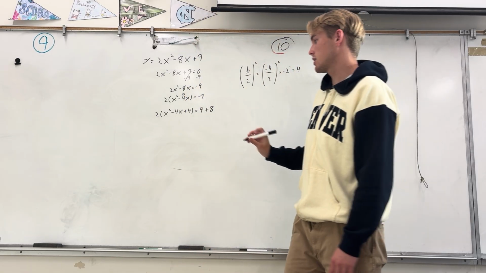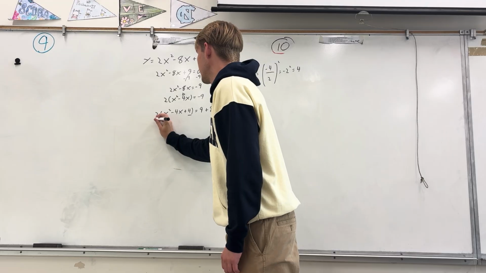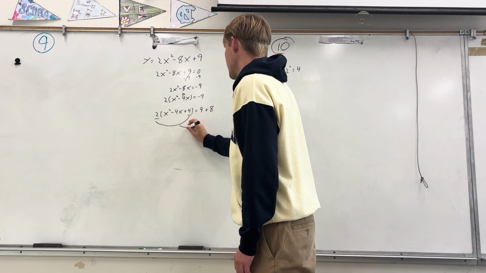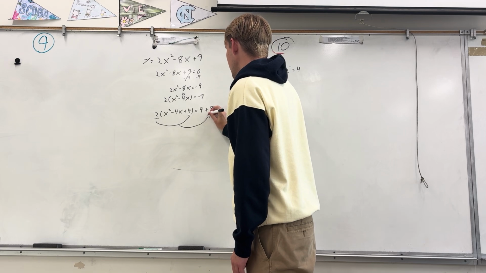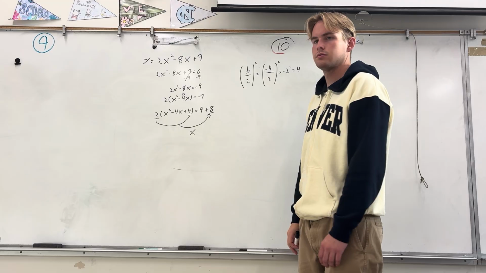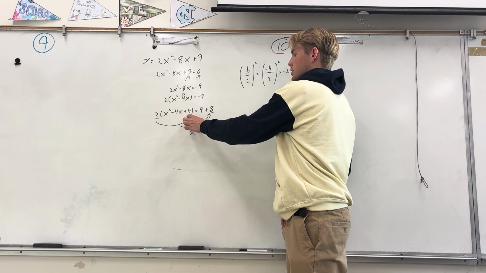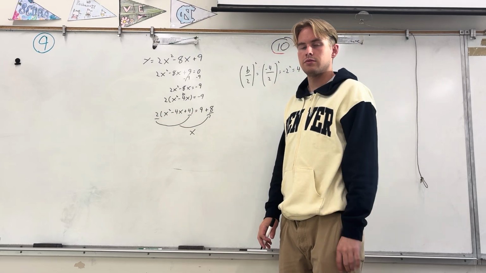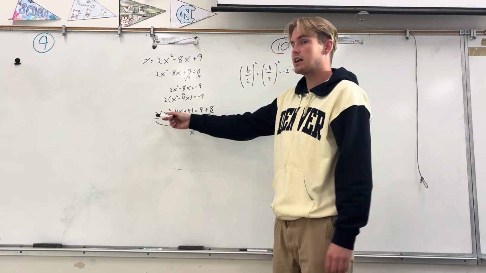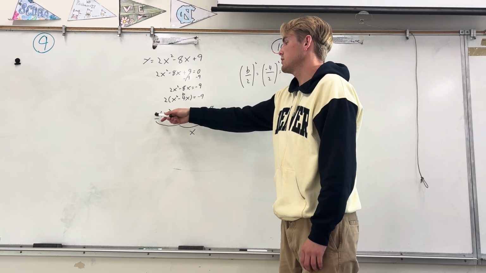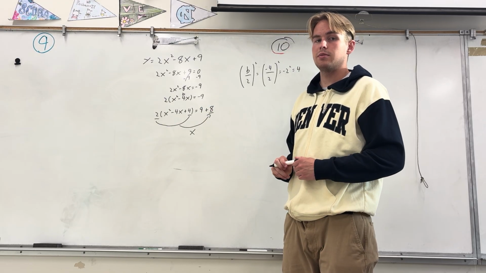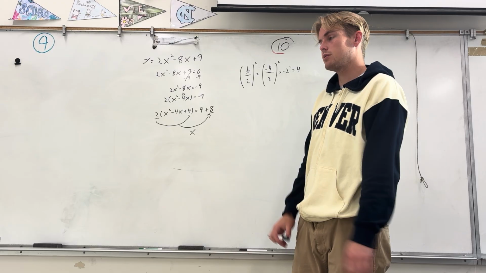You have to take this and this, and you multiply them. 2 times 4 is 8. So you multiply 2 times 4, you add that to both sides. If there was a negative out in front, it'd be 4 times -2, you subtract 8. So please make sure to remember that step. That's where I see by far the most mistakes.